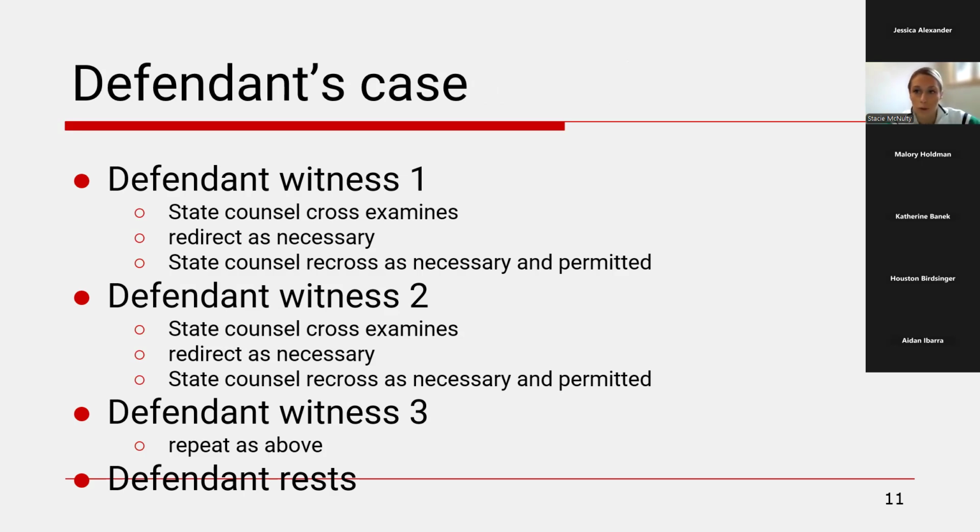The state counsel can cross-examine, and then if you need to do redirect or recross, you can if it's permitted. Then that witness will be dismissed. We go on to witness 2, witness 3, then the defendant rests their case. So now we've presented both sides of the story through the witnesses.